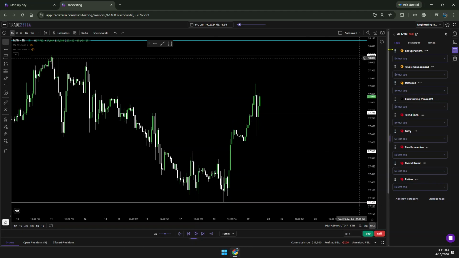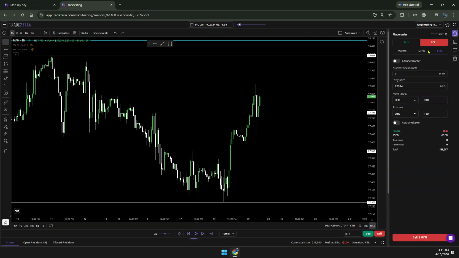Okay, so I'm getting a retest. And this is what the quick one's like. I'm just wanting to see how price is reacting around these levels. It could be I'm trying a moving average, or a Fibonacci or something like that.